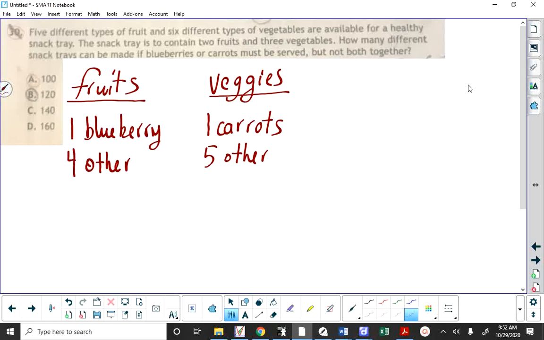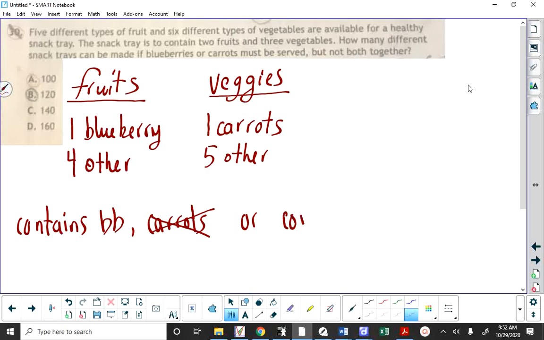You need a fruit tray that contains blueberries but not carrots. Or you can have a tray that contains carrots but not blueberries.